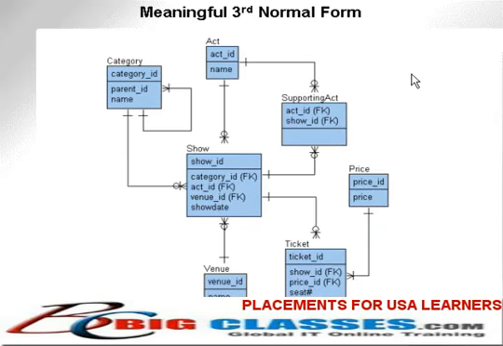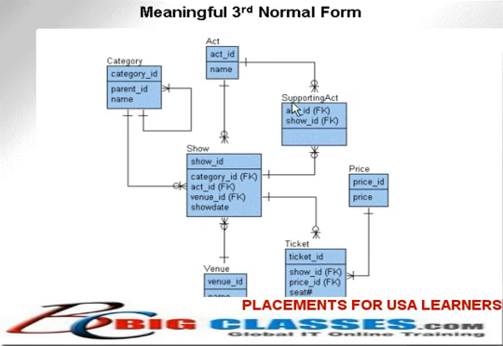Meaningful third normal form. What do I mean by meaningful third normal form? Take this example. I have a table structure which represents, for instance, pop acts doing many shows at many venues all over the country. They have supporting acts. Quite often, not always, but quite often.